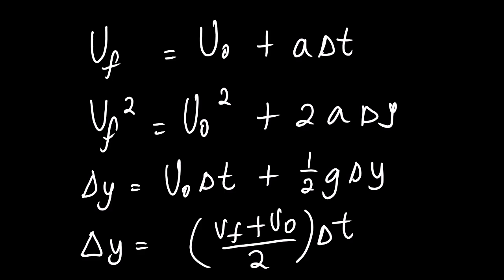Now, selecting the first equation of motion, we don't have the final velocity. We have the initial velocity as 0 meters per second. We have a as 9.8 meters per second squared. We don't have time, and we are actually looking for time. So we cannot use this equation because we have 2 unknowns. Looking at the second equation, we don't have the final velocity.